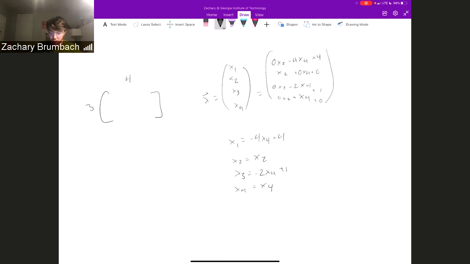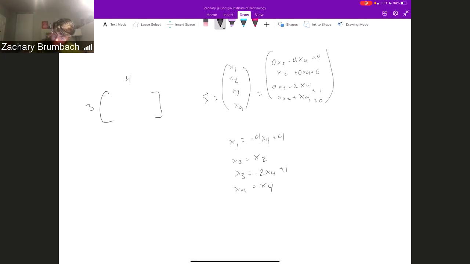So what do we know? x2 and x4 are free. Just as like a basis, right? x2 equals x2, x4 equals x4. Check. That's a good sanity check. So moving forward, the solution set is this.